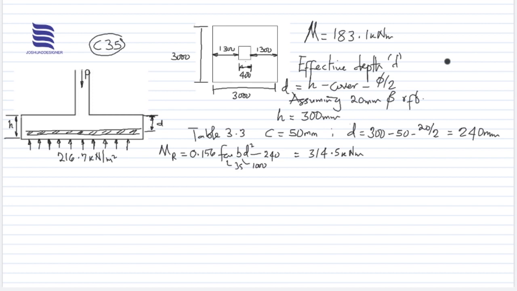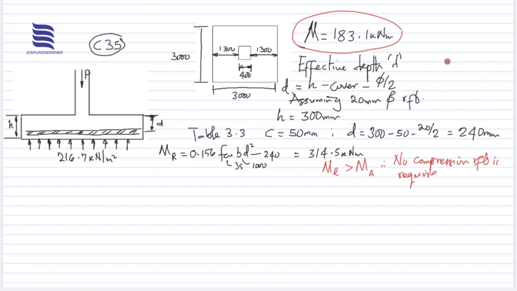The moment obtained in the previous application of our simple cantilever equation is 183.1. So the moment of resistance is greater than the moment applied, therefore no compression reinforcement is required. And that's what I'm trying to say.